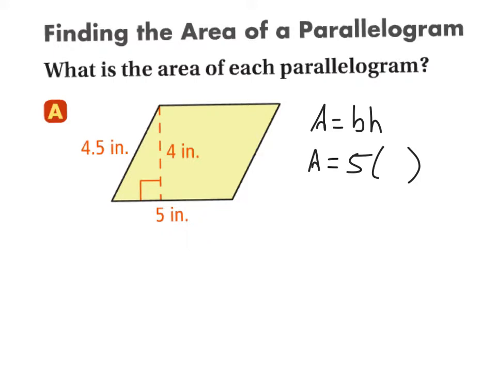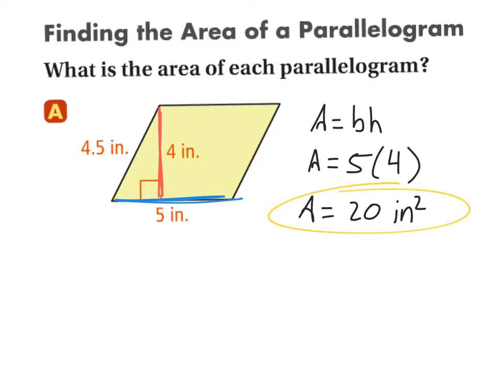We could use 4.5, but we would have to have then the corresponding height for that measurement, which they don't give us that, right? They only give us the corresponding height for 5 to be our base. 4 is then our height. Again, here's our base. Here's our height. And so our area is going to be 20 square inches. Okay, questions? Easy peasy. Let's go to the next one.